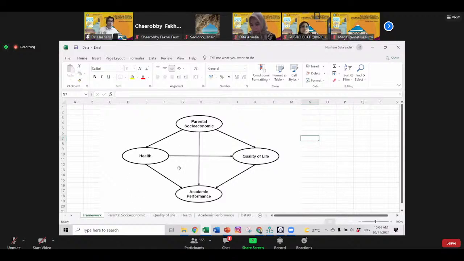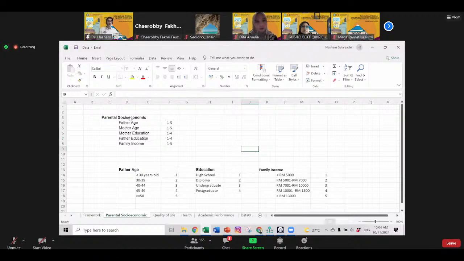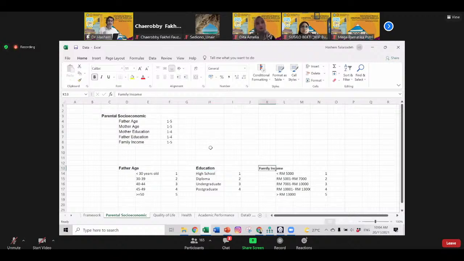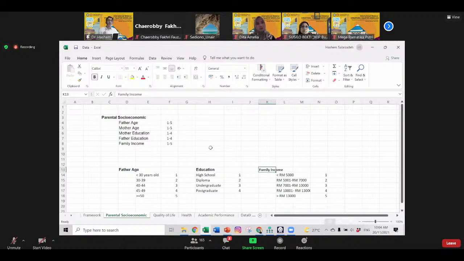So we have parental socioeconomic, quality of life, health, and academic performance. For the parental socioeconomic, we have 5 variables: father age, mother education, father education, family income.